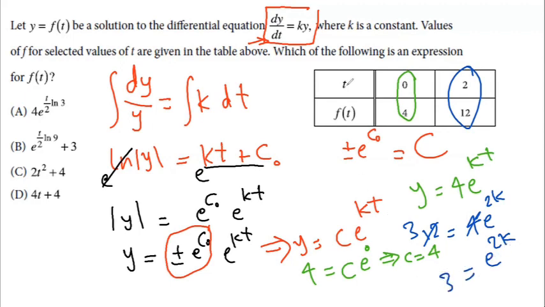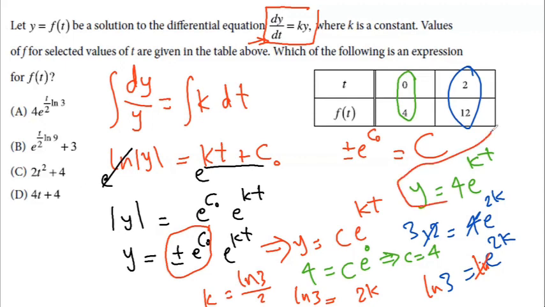And here to get k, we can take the ln of both sides again. ln will cancel the e, and we have 2k equals ln 3, meaning that k equals ln 3 over 2. If we put all this information back into our equation, y will be 4e power ln 3 over 2, times t, so that's option B.